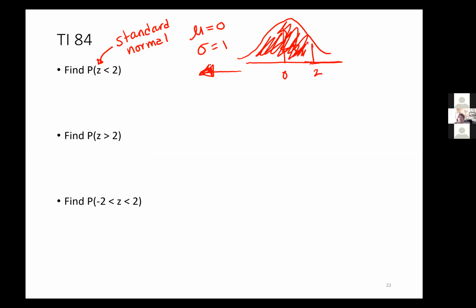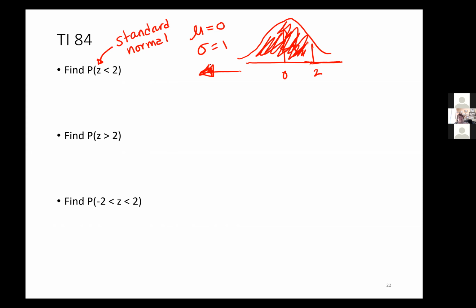So again, I'm looking for the probability that z is less than 2, or to the left of 2, but I have to give my calculator a lower and an upper limit. The lower limit is infinitely to the left, and the upper limit is 2.